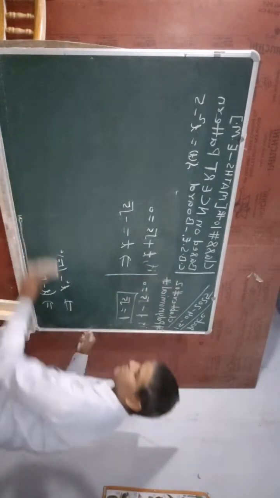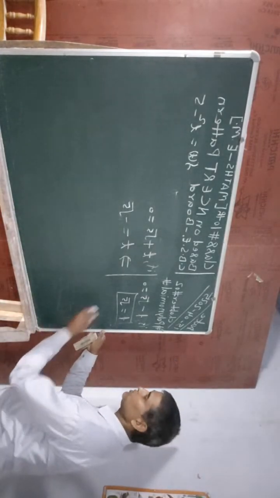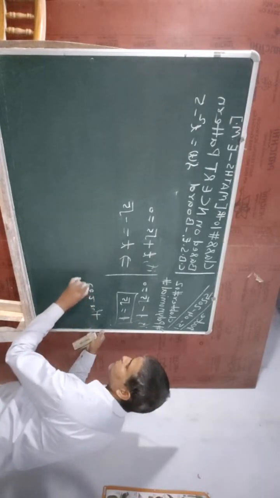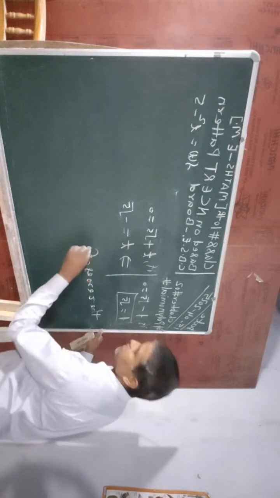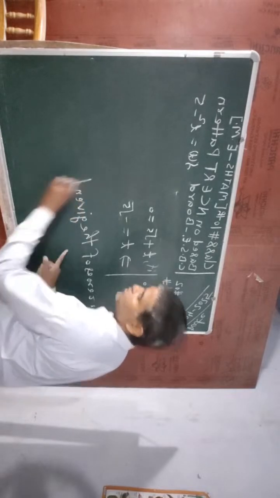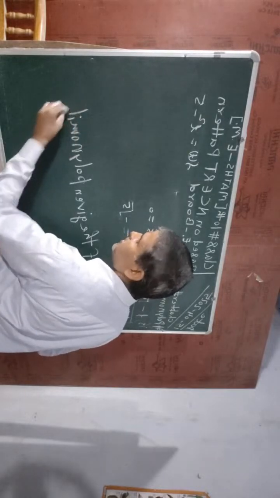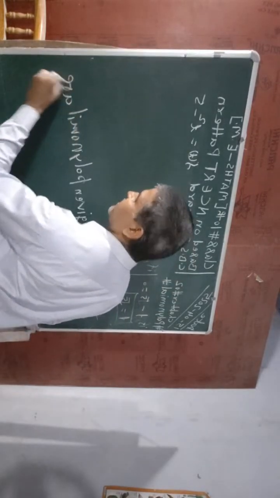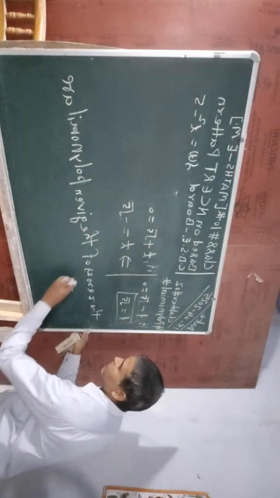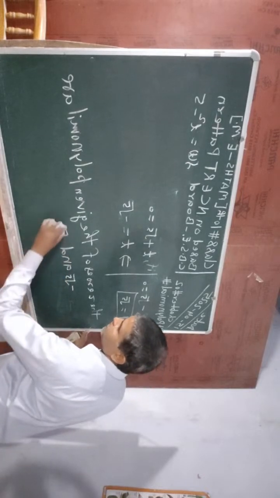The zeros of the given polynomial are minus root 5 and root 5.